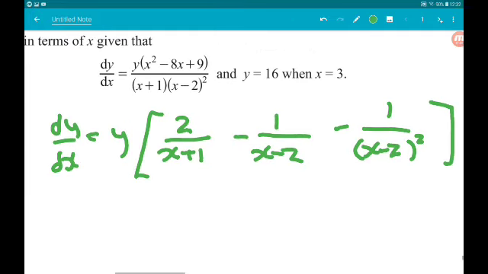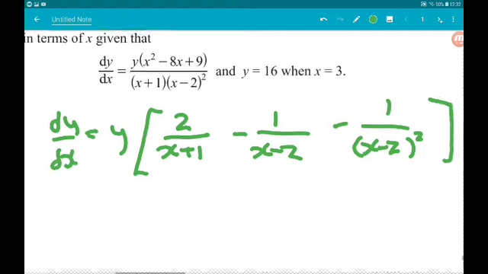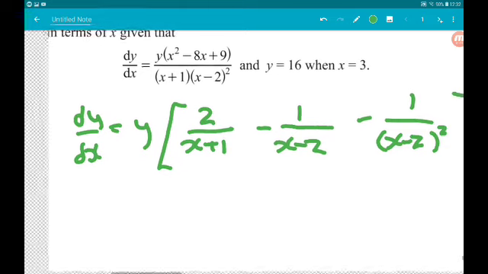So we're going to need to split the derivative, split the integral. We want to get y on the left and x on the right.